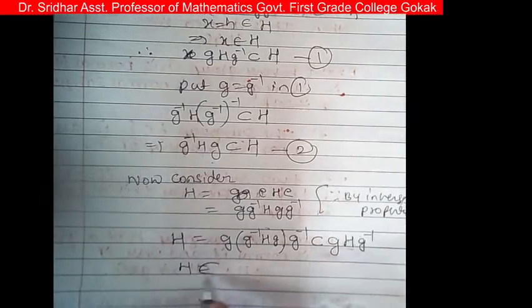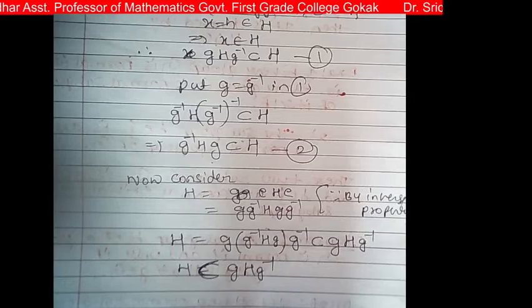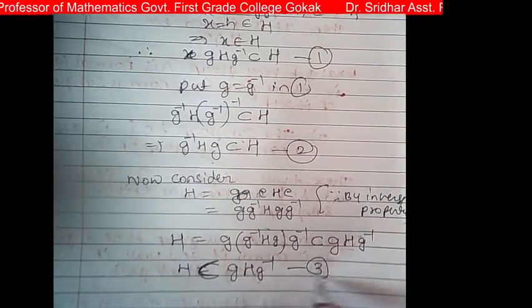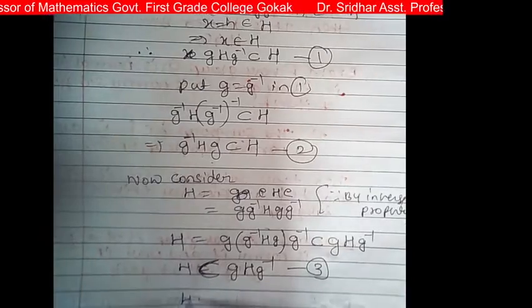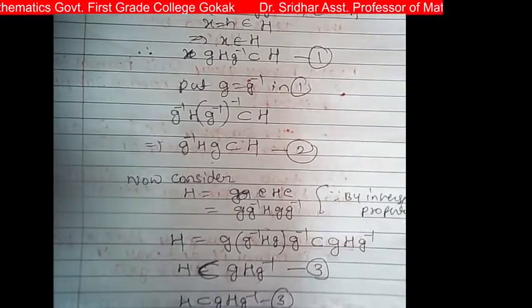So therefore H is a subset of g H g inverse. This is equation 3.